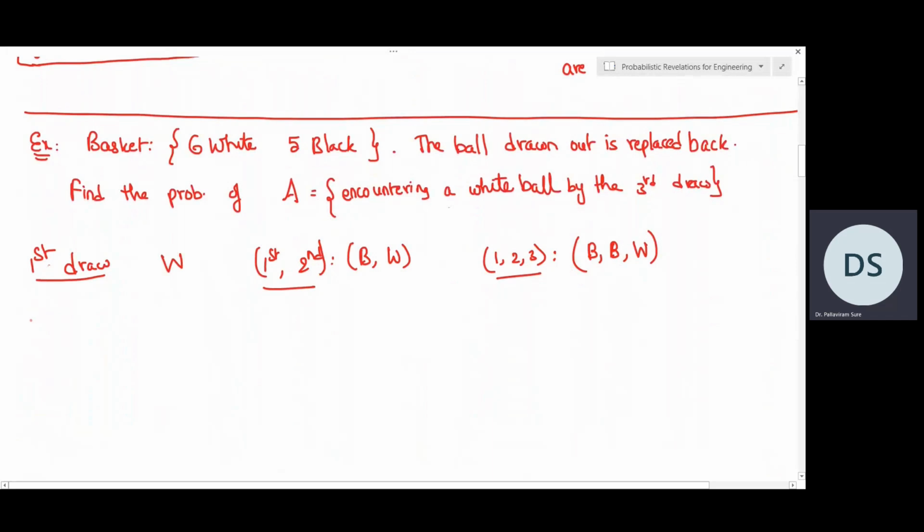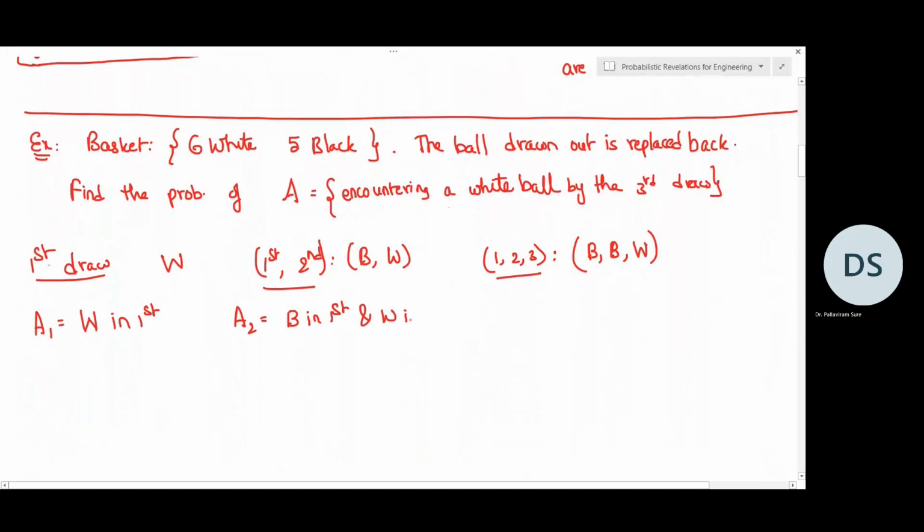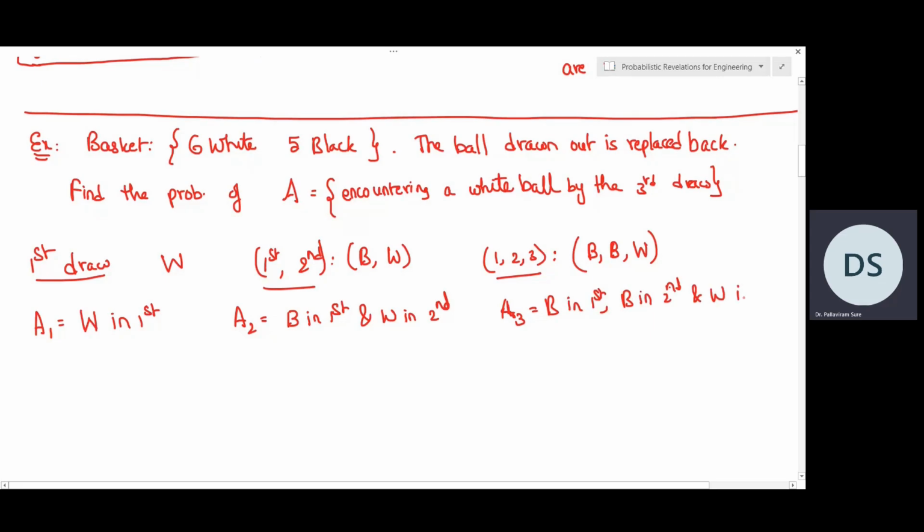So let us write it like this. Let's say A1 stands for white ball in first draw, and A2 stands for black in first draw and white in second draw. Same way, A3 stands for black in first, black in second, and white in third.